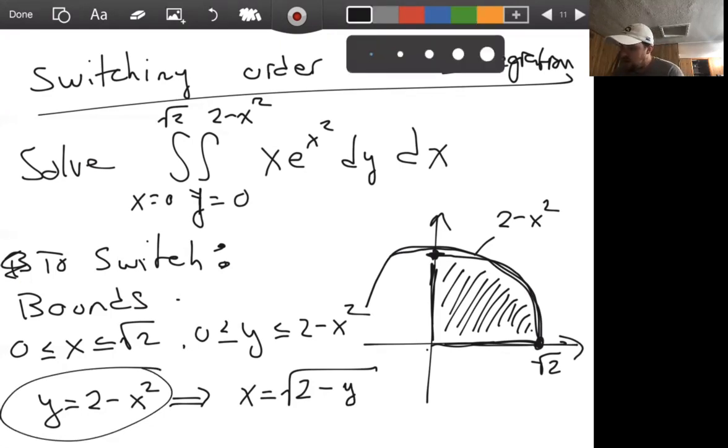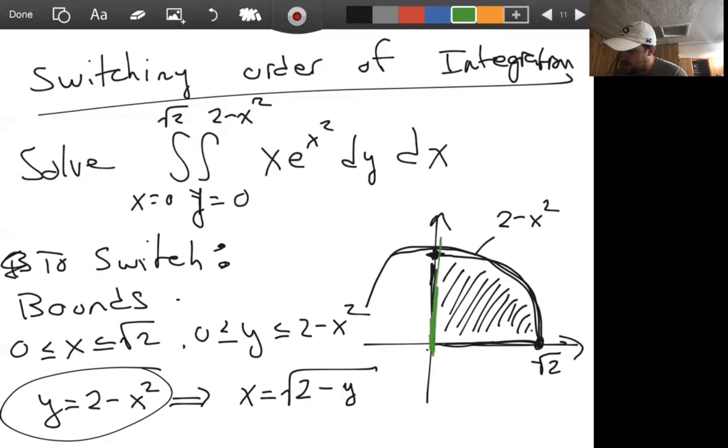And so now we want to go the other way. We first want to start with our x bounds. And so where does x start? Well, it starts still along the line x equals 0. But where does it end, right?